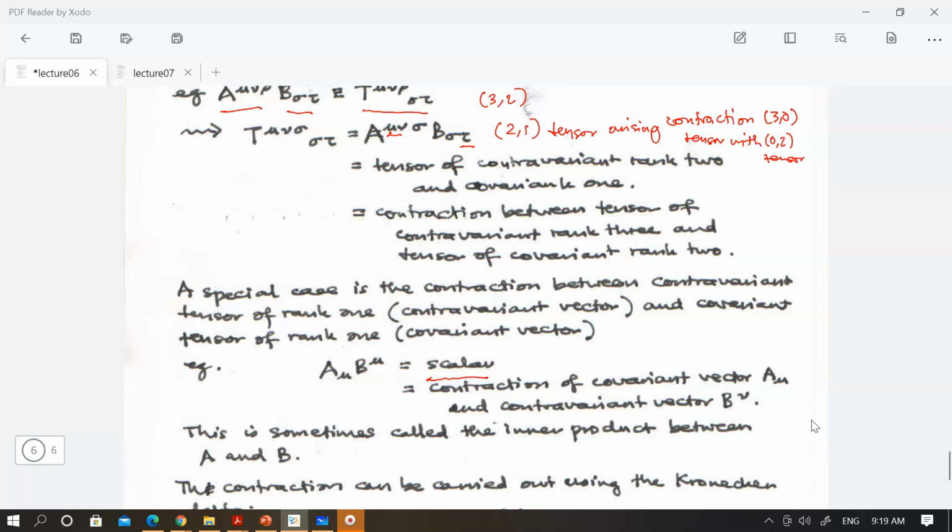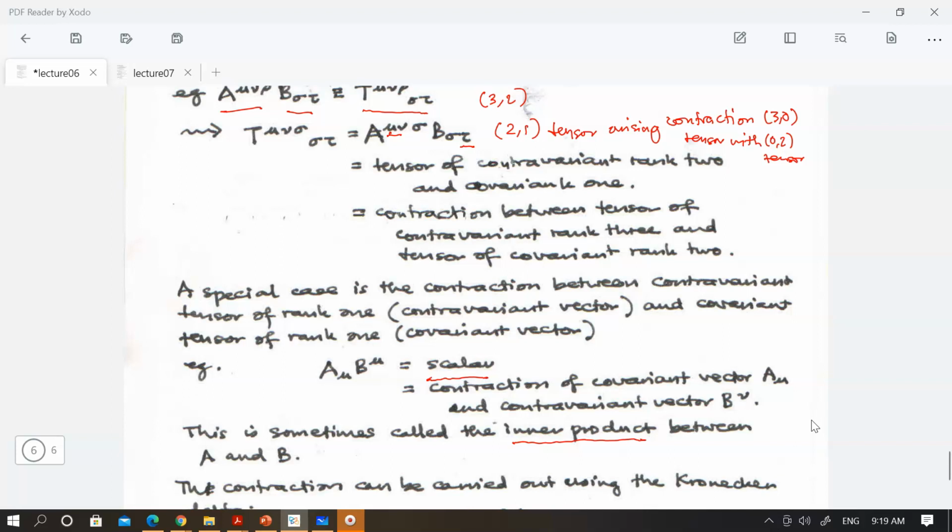This is sometimes called an inner product between A and B. And remember that A and B without the indices should really be thought of as vectors geometrically, meaning each is pointing somewhere in space. You can also think of it this way: if you remember in quantum mechanics, you have done an inner product in the sense of taking a bra vector together with a ket vector, so you get a bra-ket.